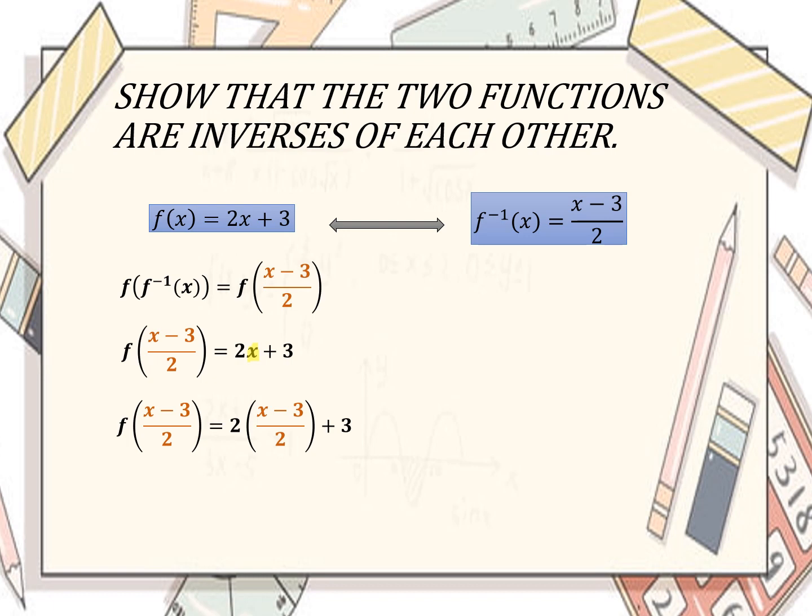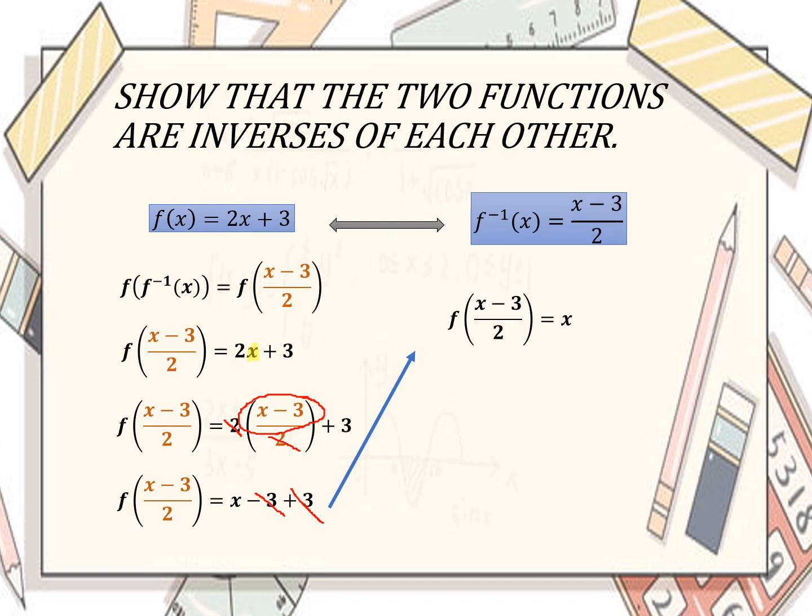So, ang ating magiging equation ay 2 times (x minus 3) over 2 plus 3. So, dito, pwede natin i-cancel si positive 2. So, ang matitira na lang yung nasa numerator. So, bring down si x minus 3, then plus 3. So, negative 3 plus 3, pwede natin i-cancel yan. 0 na lang kasi ang matitira. So, ang matitira sa ating equation ay x na lang. Kapag x yung natira, ibig sabihin, tama ang nakuha nating inverse function.